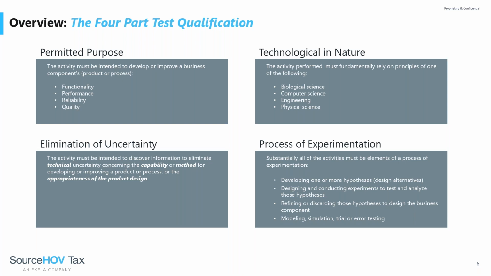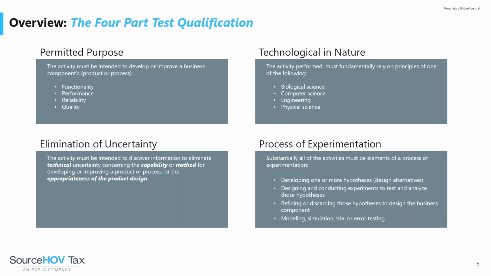Now, in order to qualify an R&D tax credit project, we need to be able to answer yes to each one of these questions, and I will go over each one of them now. So at the top left quadrant, we have permitted purpose.